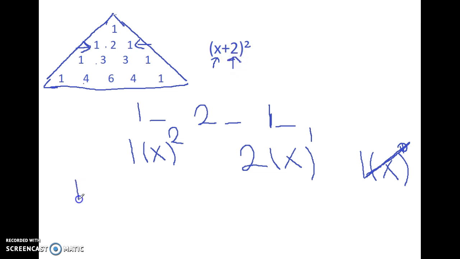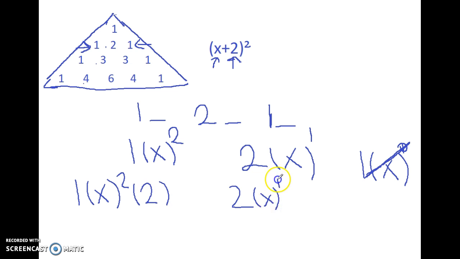So we're going to do 1 x squared times 2, 2x to the first power times 2, and 1 x to the 0 power times 2.